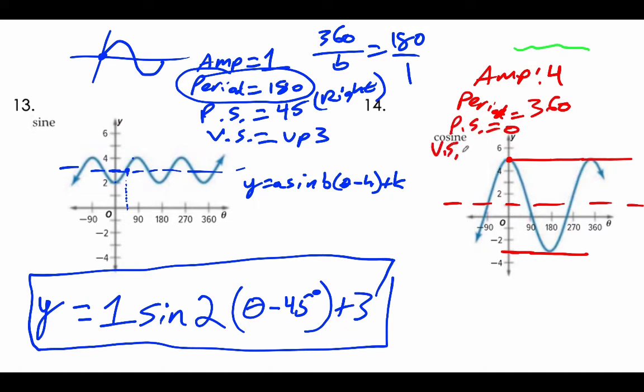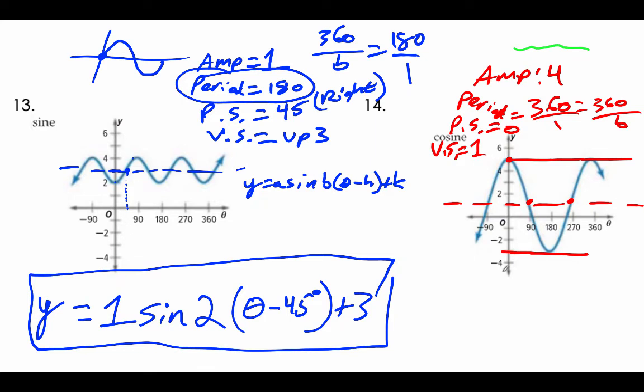Vertical shift is up 1. So you got to set this equal to 360 over B. That might be like 330, but I don't understand why they would do that. Why is this one here? Oh, I got it. It's there and there. I was right the whole time. Oh, that's great. Holy cow. Even when I think I'm wrong, I'm right.